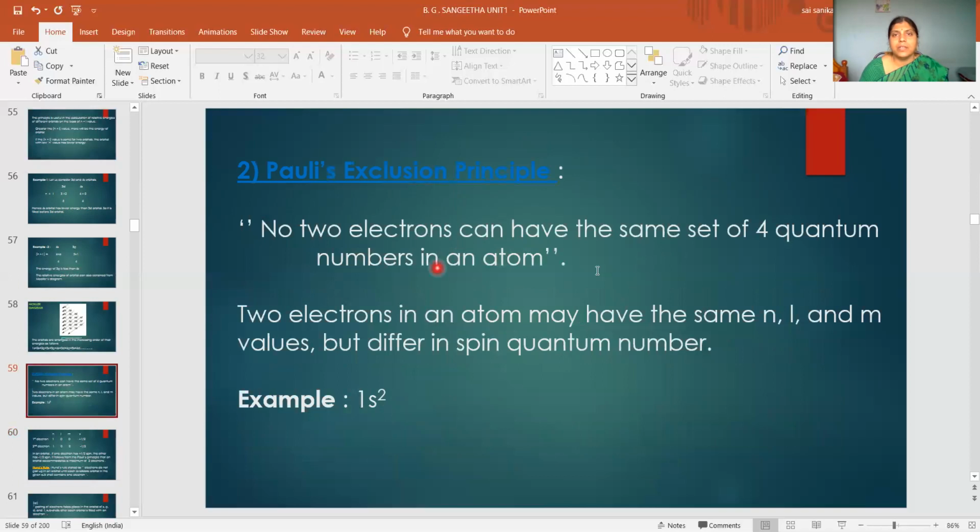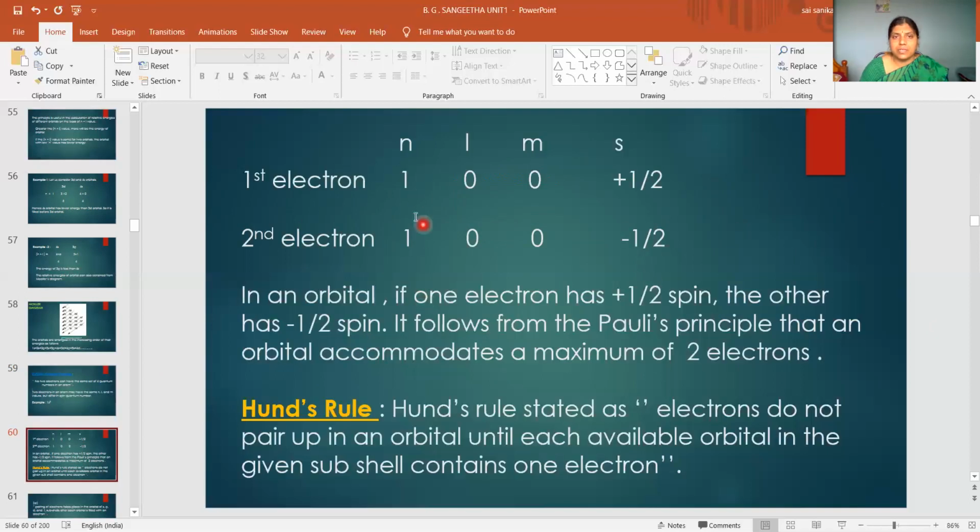What are we saying? The 2 electrons present in an atom should not have all 4 quantum number values the same. The first 3 may be the same, but the last quantum number s must be different. Here n is the same, l is the same, m is the same, but s is different: for the first electron it is plus half, for the second electron it is minus half. Why?